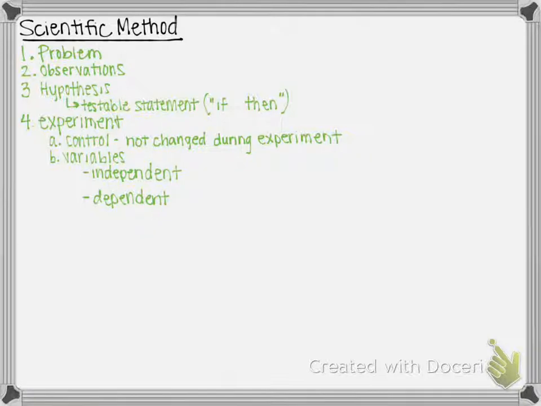So the independent variable is something that is changed or measured. I also like to think of it as independent is what I change or what I decide. Or what you determine.